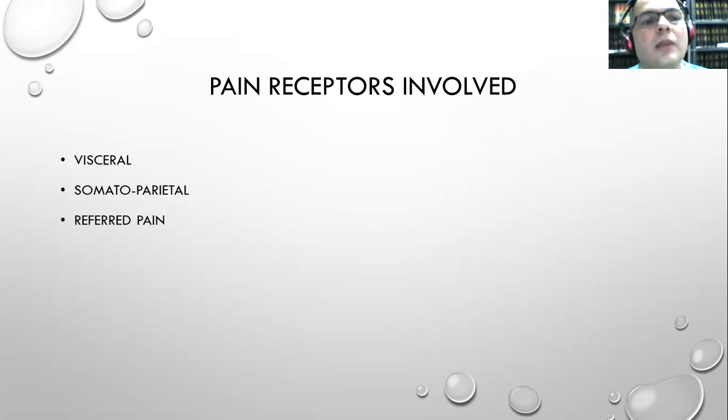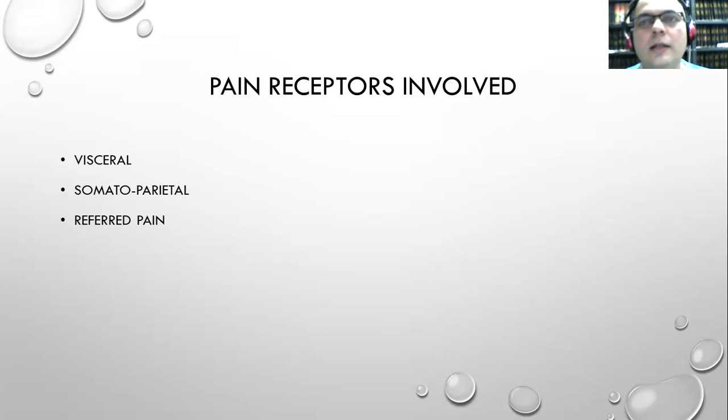One is the visceral pain receptors which are present on the viscera. The second one are the somatoparietal pain receptors which are located on the viscera and on the parietal membrane.